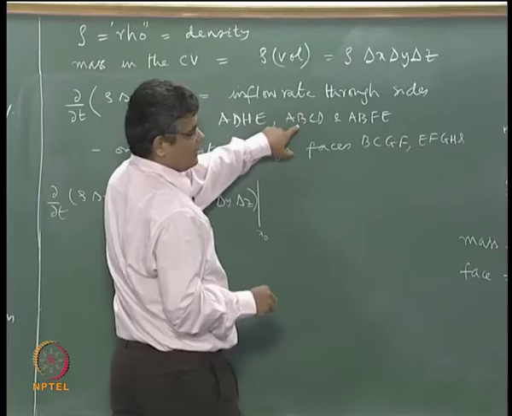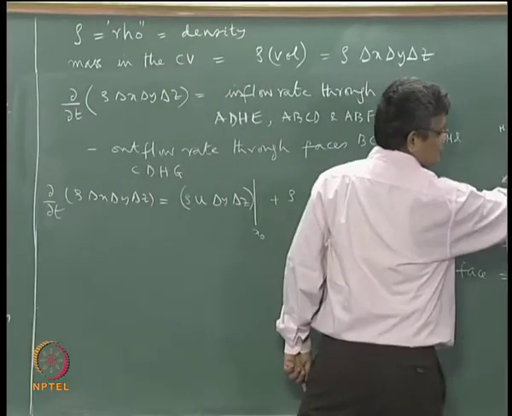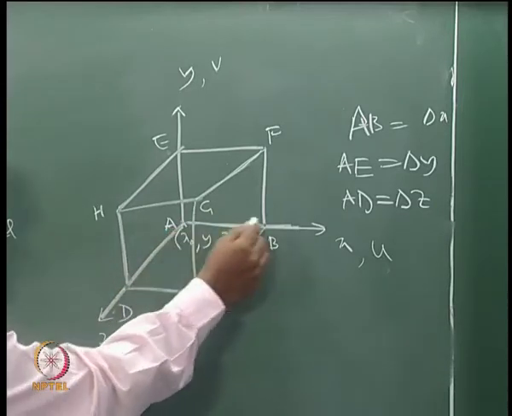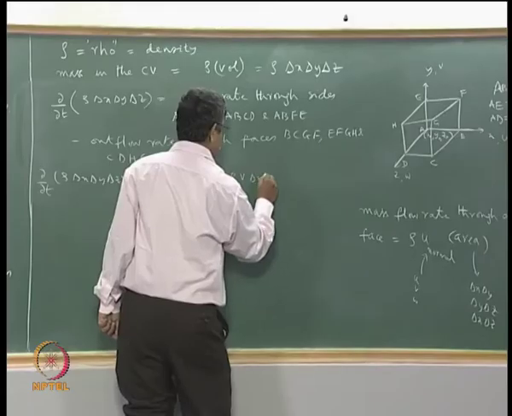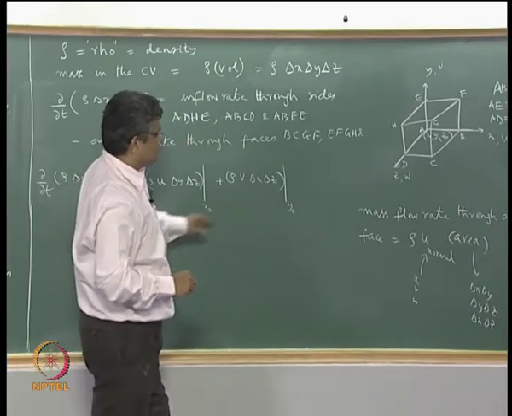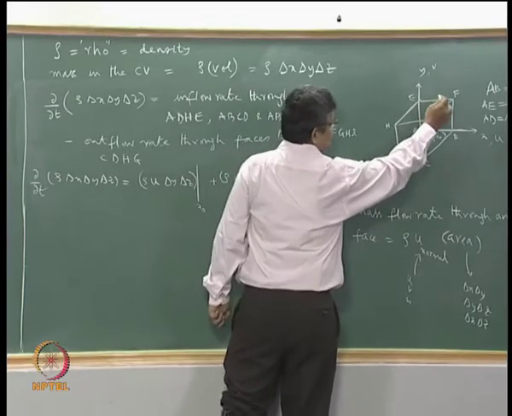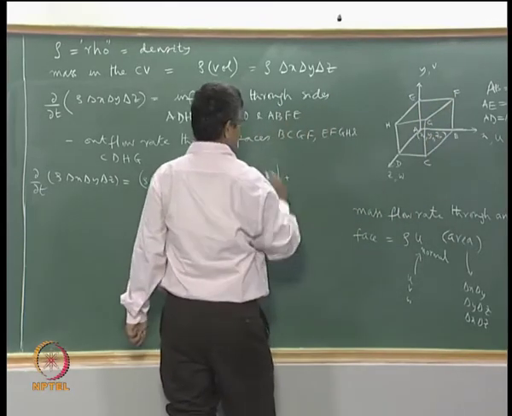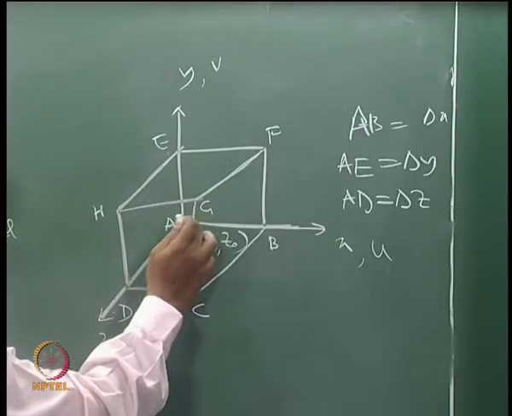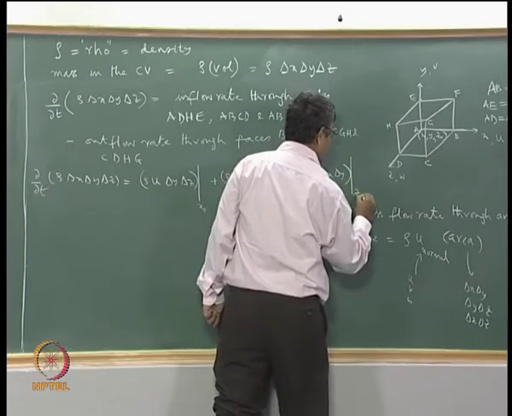And the flow rate through ABCD, which is the bottom phase, will be rho times the velocity component normal to this plane, which is v, and the area of this is delta x times delta z, and this whole thing is evaluated at the bottom plane located at y0, plus through the back face, which is ABFE, the normal velocity component is w, and the area is delta x times delta y, and these are evaluated at z0.